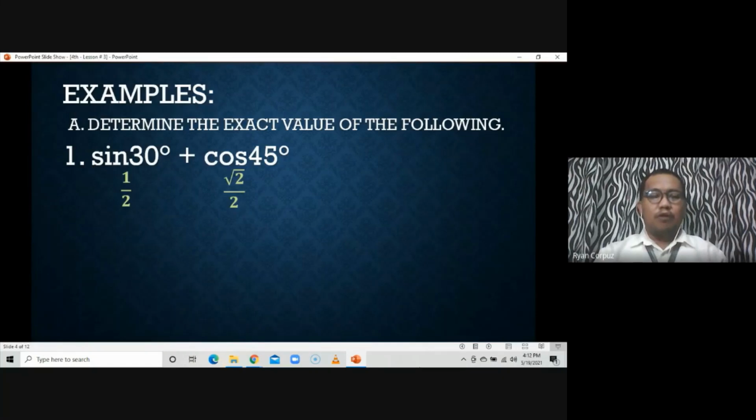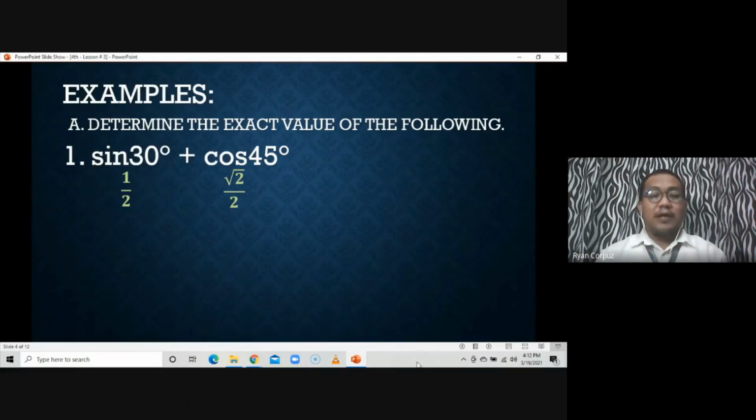So what you're going to do here is add the two, since you know already their values. That's 1 half plus square root of 2 over 2. They are similar fractions, but looking at the numerators, they are dissimilar terms. It's just like x and y: when you add x and y, you still come up with an answer, only still separated by an operation.